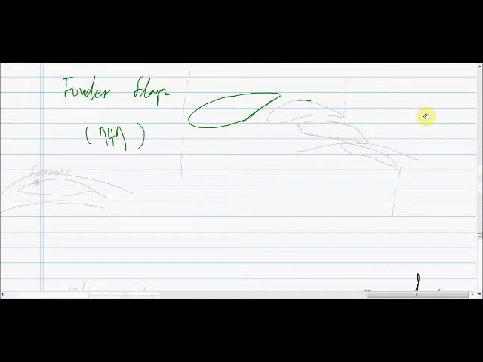And it'll actually tilt down a little bit too, so you have another one back here. So the 747 actually has triple slotted. 1, 2, 3. Now, when this is all stowed, it's only this big. When it's not stowed, it's this big.